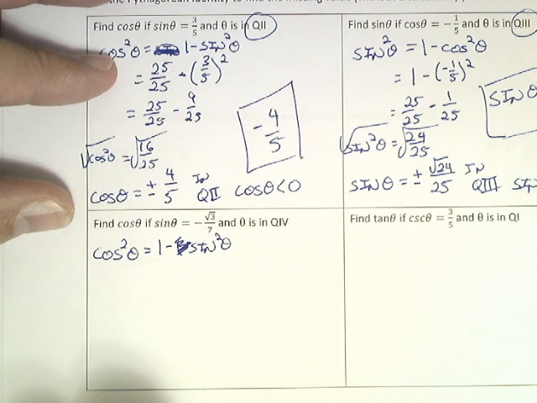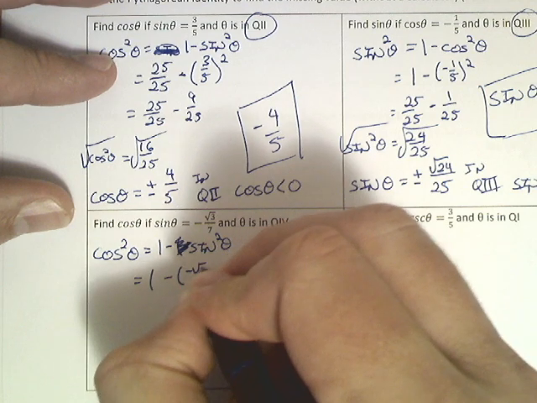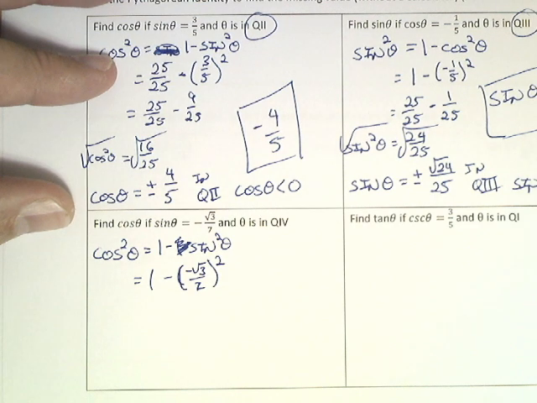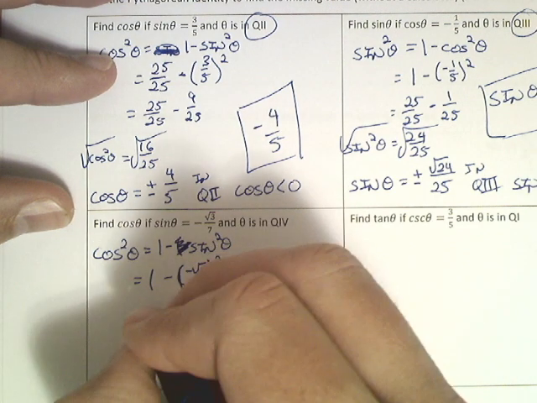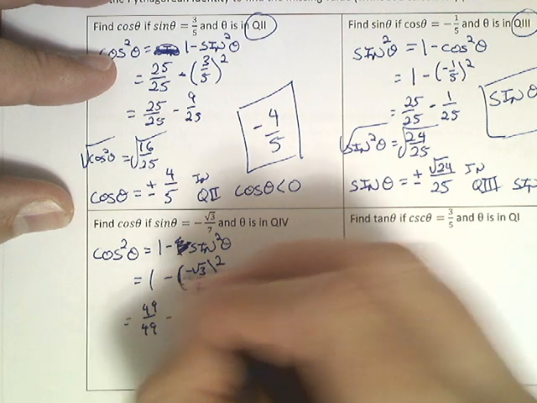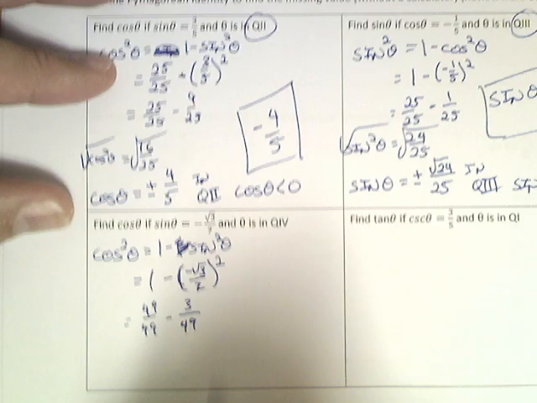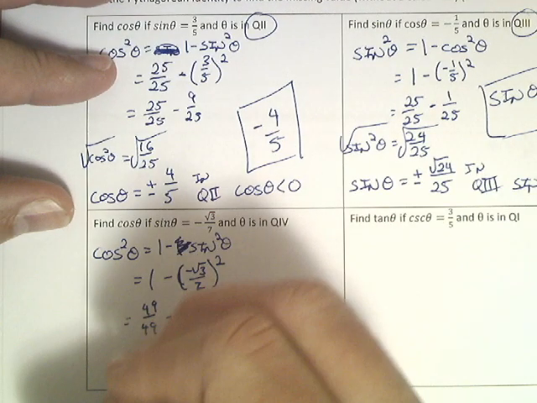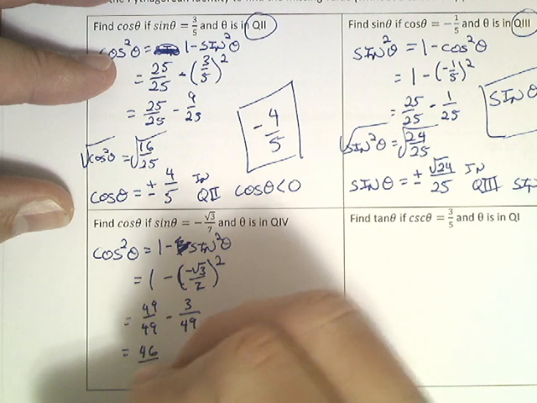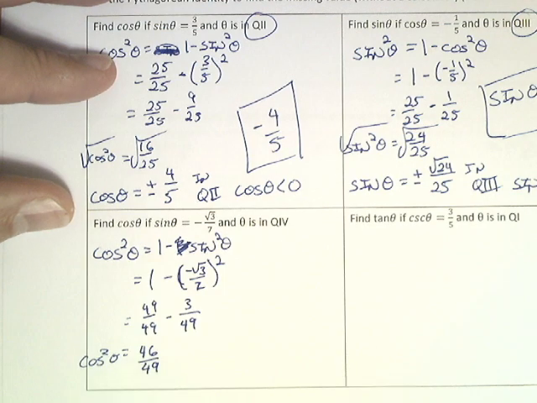So from here, we'll just do 1 minus negative root 3 over 7 squared, which should give us 49 over 49 minus 3, root 3 squared is 3 over 7 squared, which is 49. So we should get 46 over 49 is cosine squared.